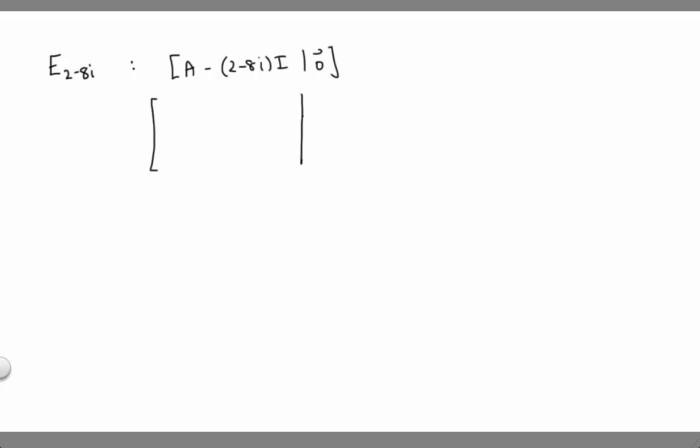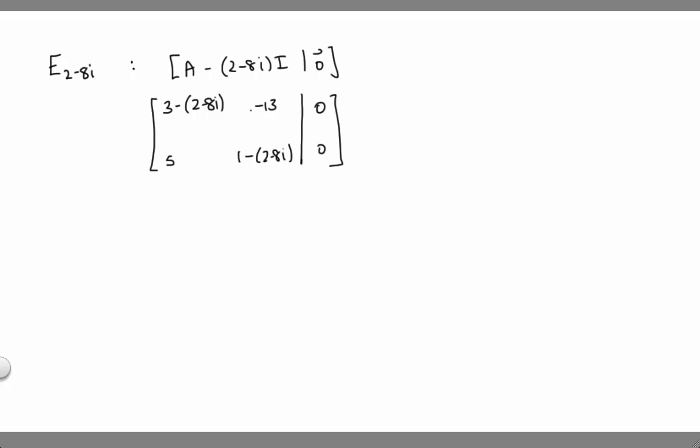Our matrix A, remember, looked like 3, negative 13, 5, and 1, and we need to subtract 2 minus 8i from each of those diagonal entries. So we're writing things like 1 minus (2 minus 8i) and zeros down the right side.